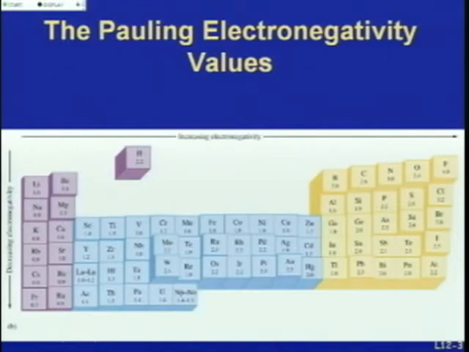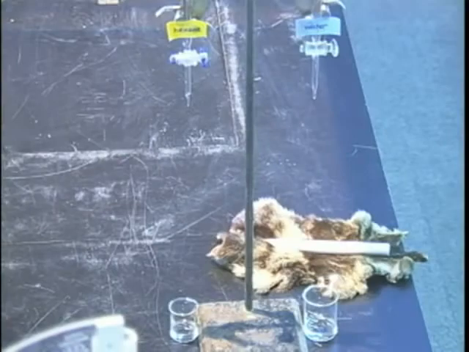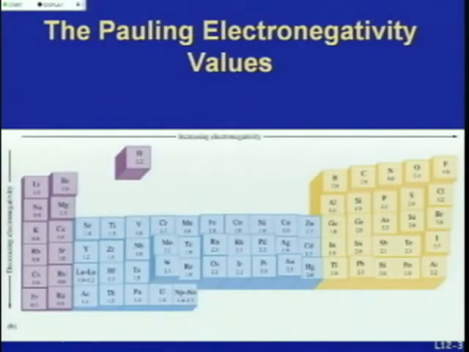And he won the Nobel Prize in Chemistry in 1954 for his research on chemical bonding and for the elucidation of structures of complex substances. So he made very complex substances and said how they are oriented in space and what kind of bonding they have.